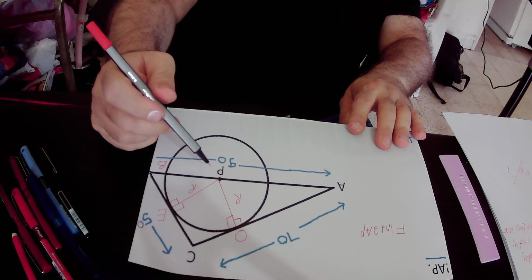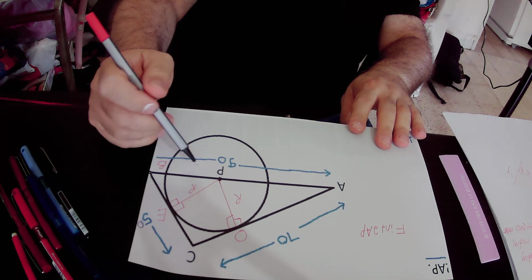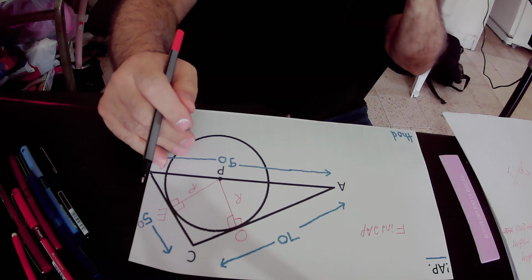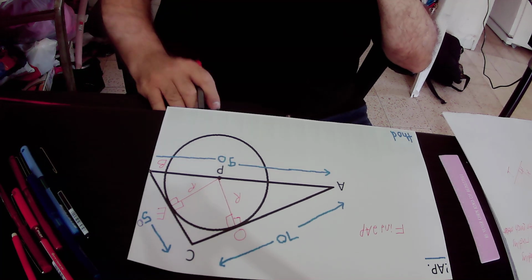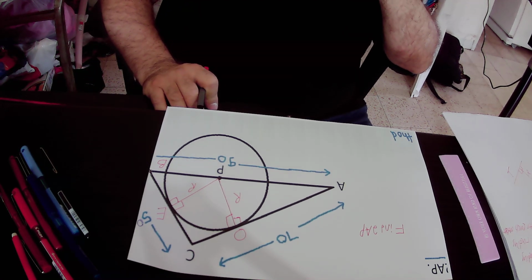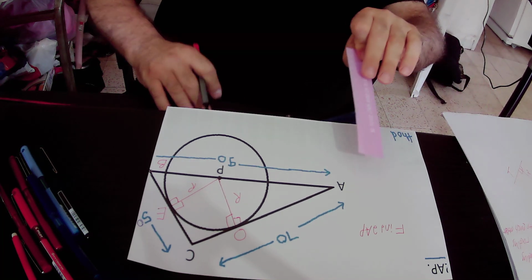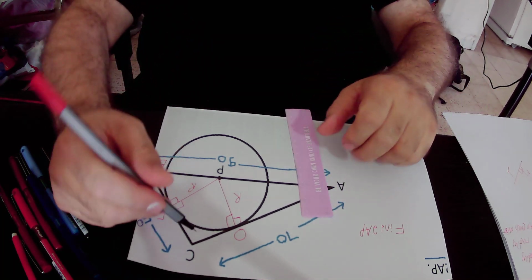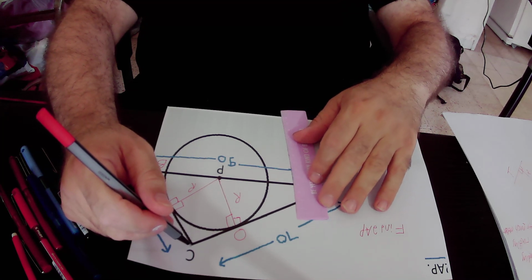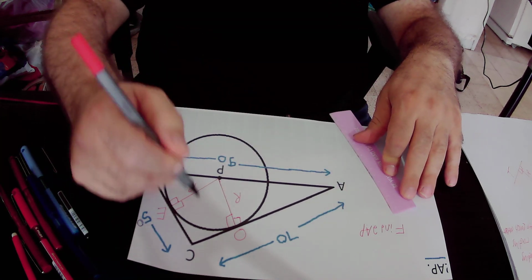For that reason, triangle PEB is also a right triangle. So in the next step, we will draw a perpendicular from point C to side AB of the triangle.